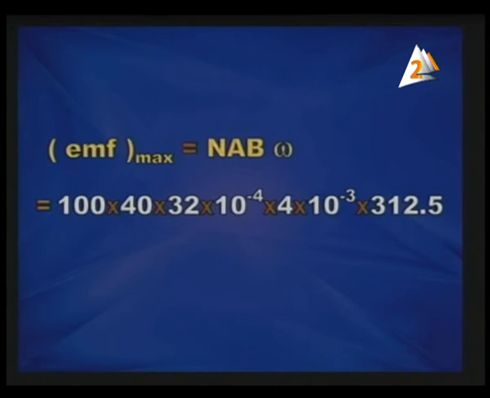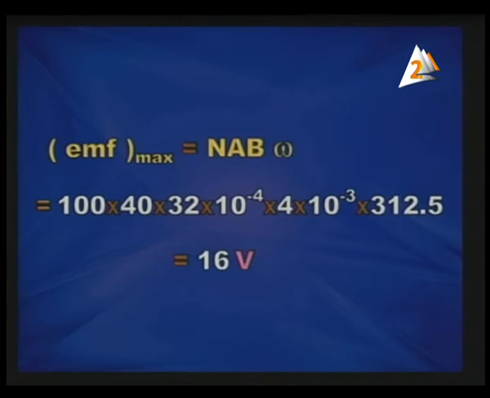And now we can calculate the maximum EMF. It is N A B omega. Number of turns is equal to 100, area length times width 40 times 32 times 10 power negative 4, times magnetic flux density 4 times 10 power negative 3 for millitesla, times the angular velocity 312.5.